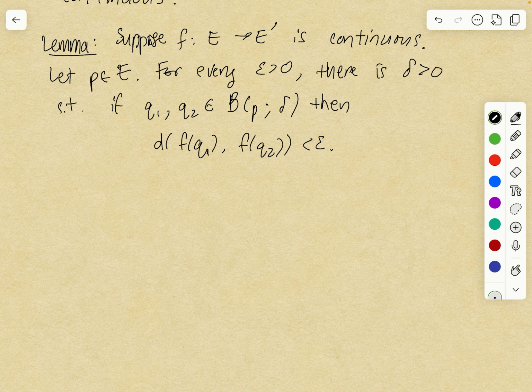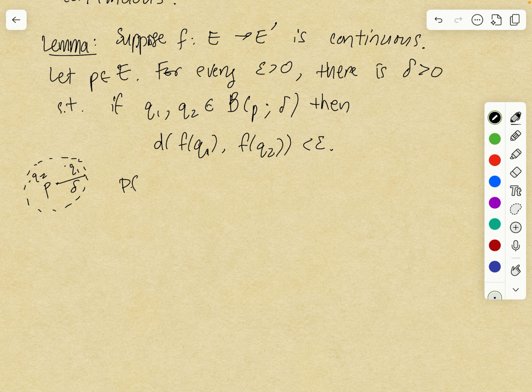So basically you have a point P, and if the distance between P and Q is less than delta, then the distance between f of P and f of Q is less than epsilon. That's the definition of being continuous at P. But this statement is applying it to any Q1 and Q2 in this delta ball.